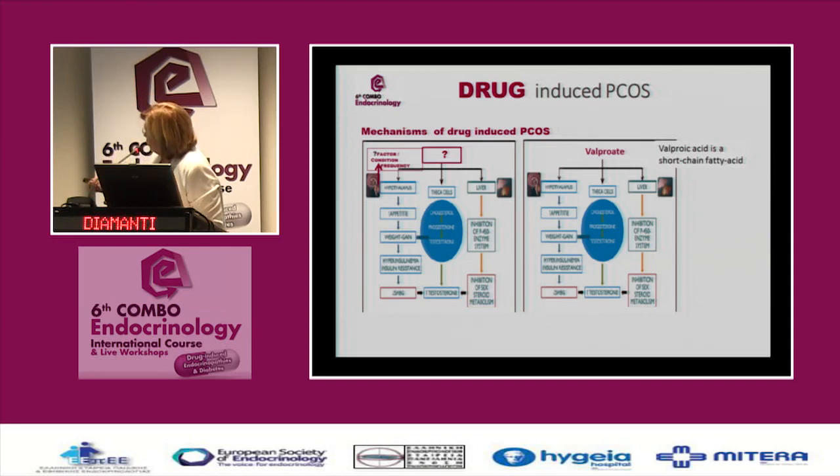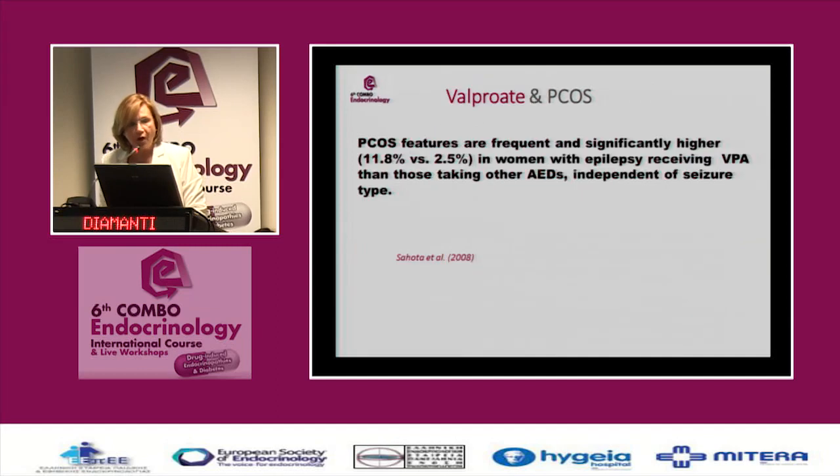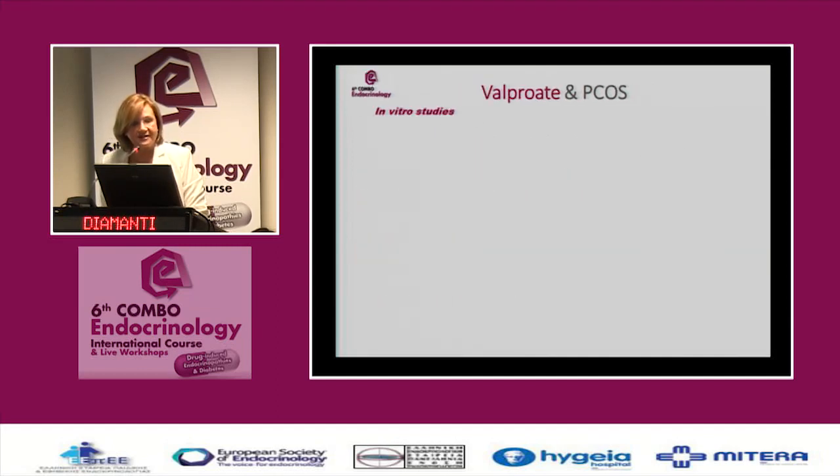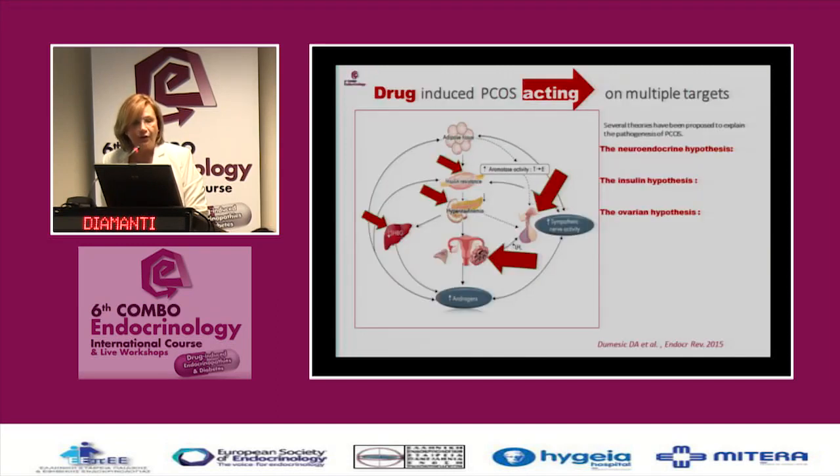So here we have a medication which can do all that, but cannot alter the pulsatility of GnRH, from what we know. Could that be a situation in which we could have this as well in conditions like PCOS?